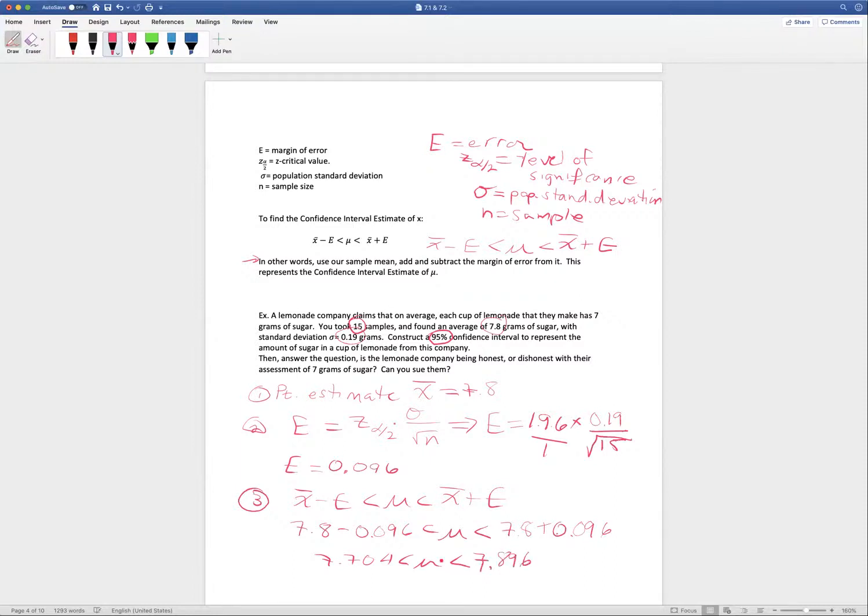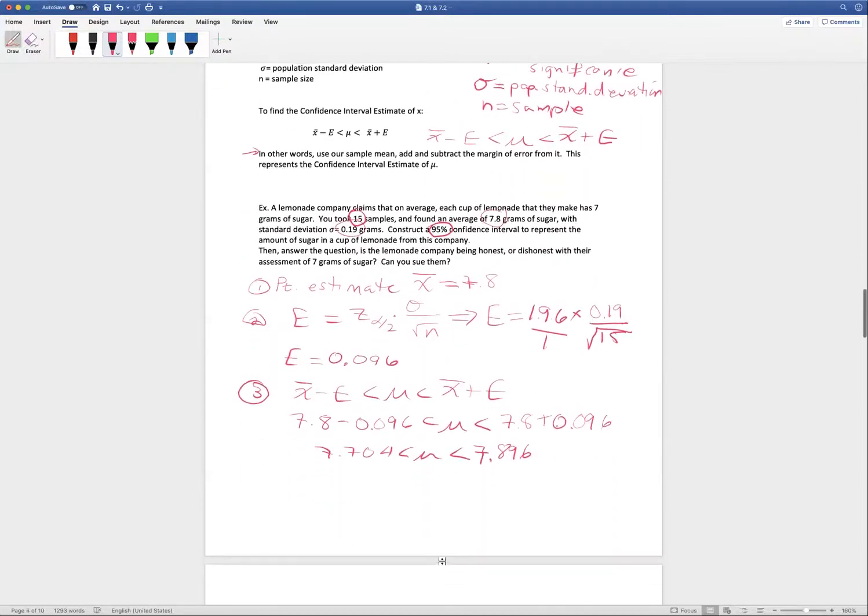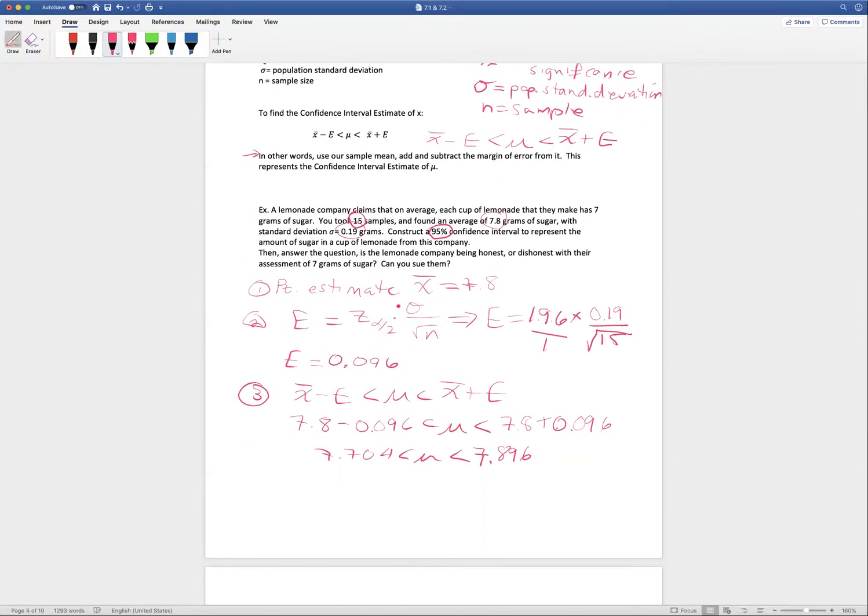Okay, so this is the confidence interval, and let's talk about the information this is telling us, and then we'll go back and answer those questions. Because we're 95% confident, 95 out of 100 times, or 95% of the time, the true population mean will be between 7.704 and 7.896, and this represents grams of sugar.